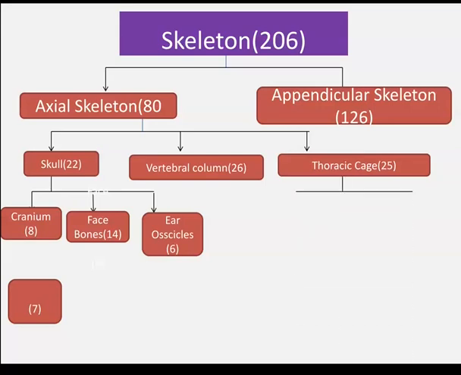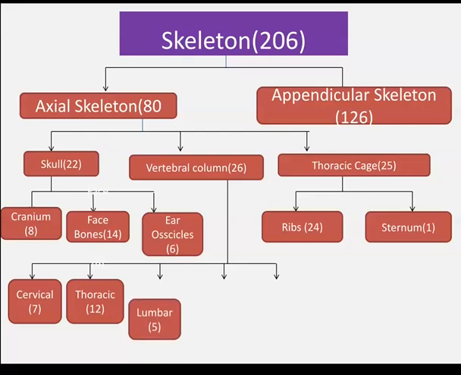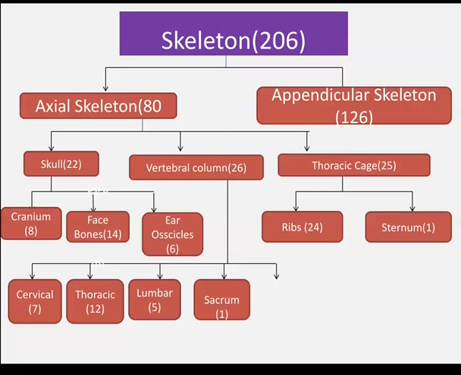Next is thoracic cage, which has 25 bones, in which there are 12 ribs which appear in pairs, that is 24 ribs plus 1 sternum. Then vertebral column contains 26 vertebrae, in which there are 7 cervical vertebrae, 12 thoracic vertebrae, 5 lumbar vertebrae, 1 sacrum and 1 coccyx.